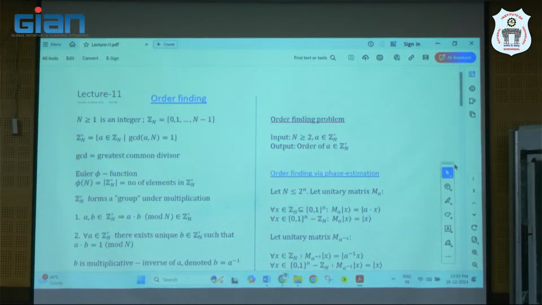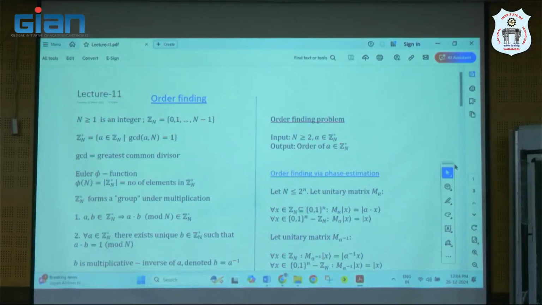Clear? Good. How do we solve this problem? We define this matrix MA. What it does is multiply by A: X goes to A times X. Because it's a group, A has a multiplicative inverse, A inverse.